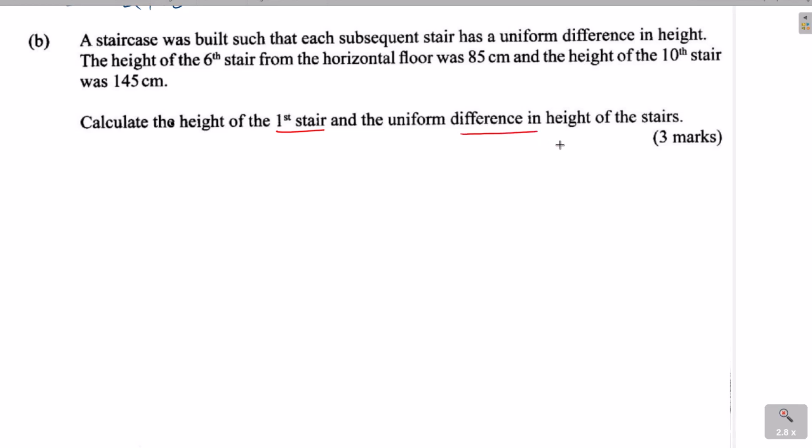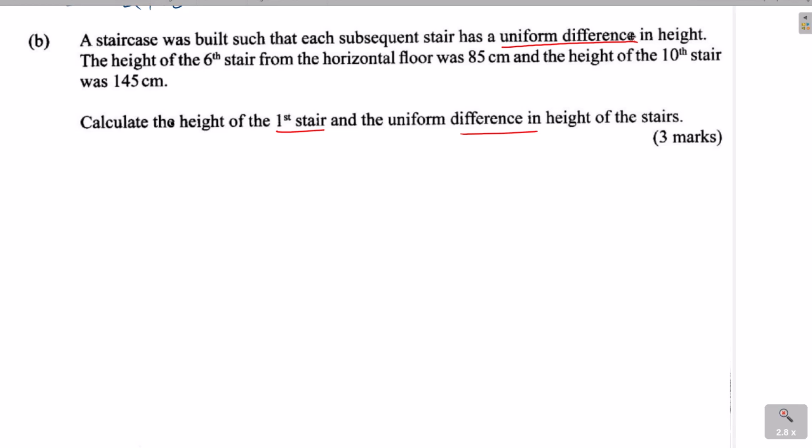So when you look at this question, you read it and analyze it, you notice that this staircase is forming an arithmetic progression. It is an AP. Why? Because there is a common difference. There is a uniform difference in height, that each subsequent stair has a uniform difference.